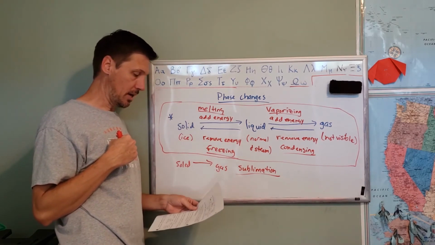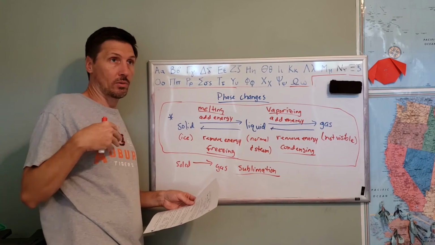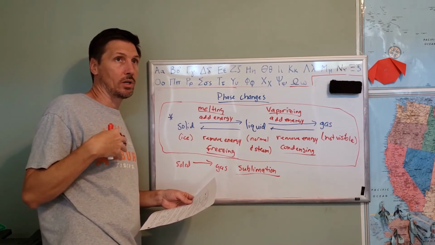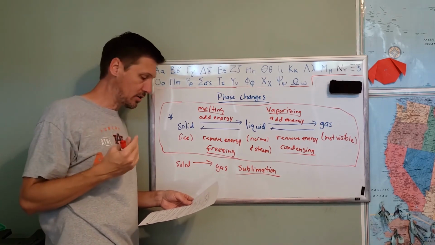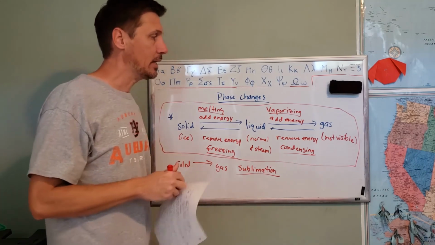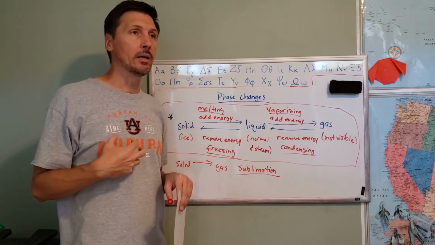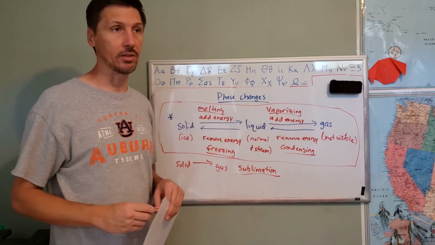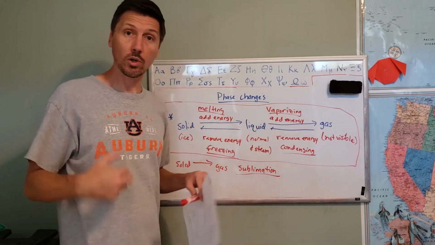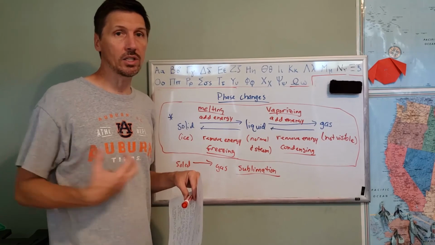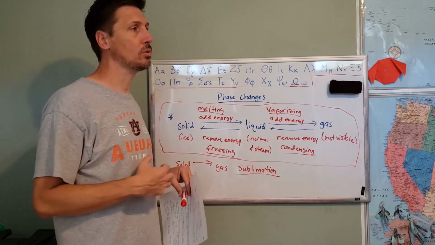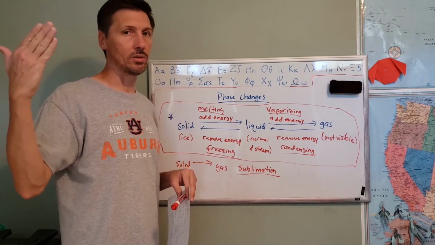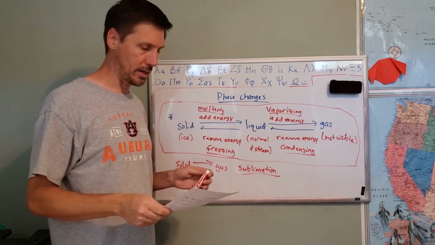Because as the sweat evaporates, in other words, it's turning to a gas, right? As it evaporates off of our body, it absorbs heat from our body in order for that phase change to take place. And so the result is we're cooled down. Heat energy is being removed from our body, and we're cooled down as that sweat turns into a gas. So pretty cool the way the Lord made us.